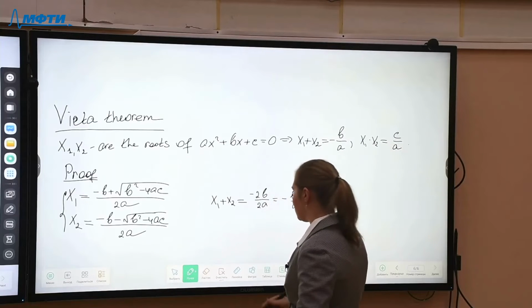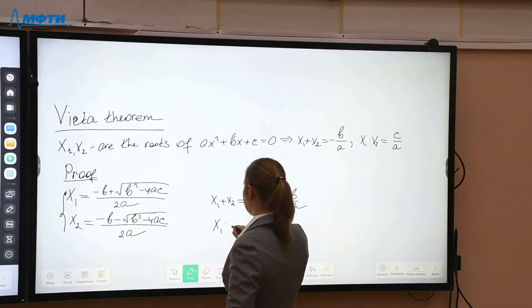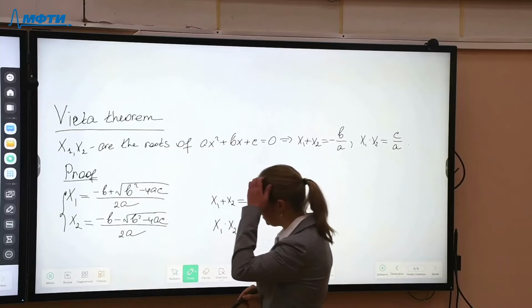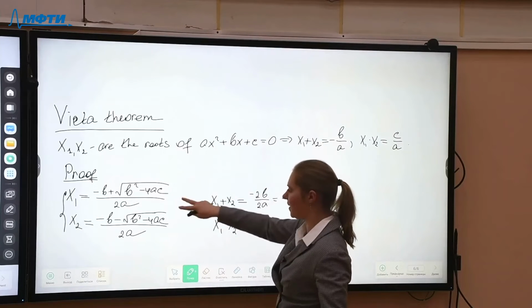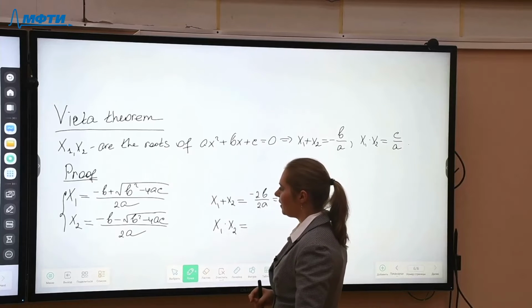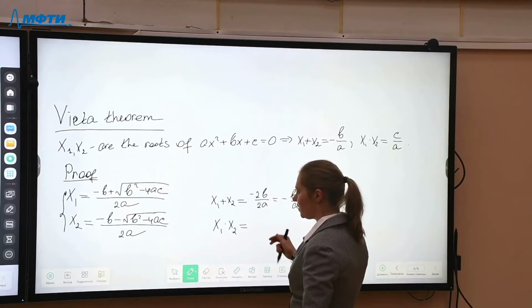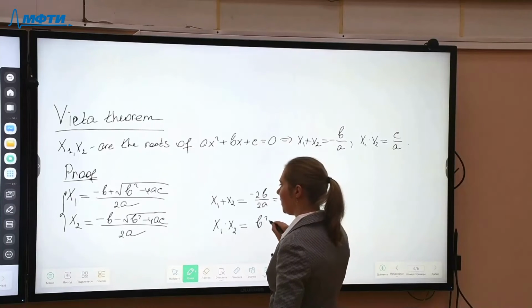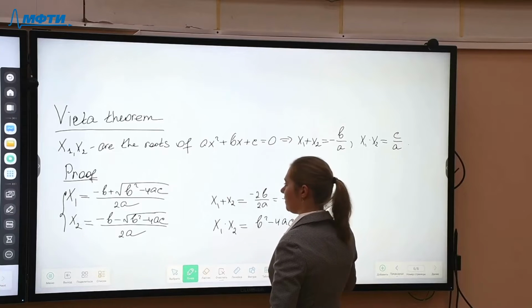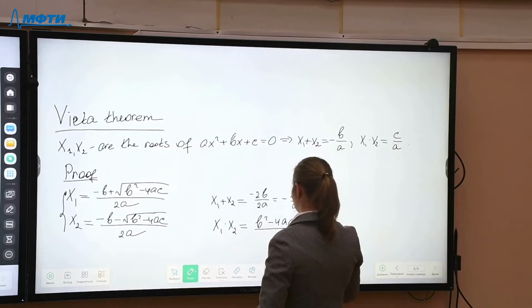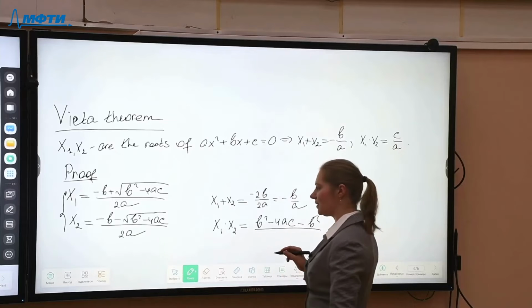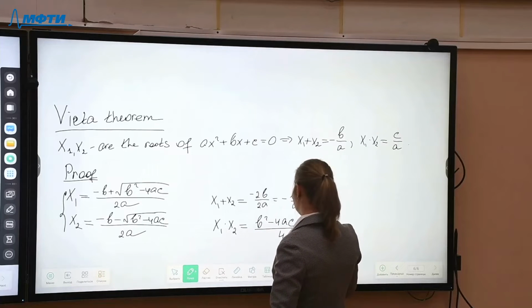Okay, and now x1 times x2, the product of two roots. We need to multiply this thing. And this will be b squared minus 4ac minus b squared, the difference of two squares, over 4a squared.